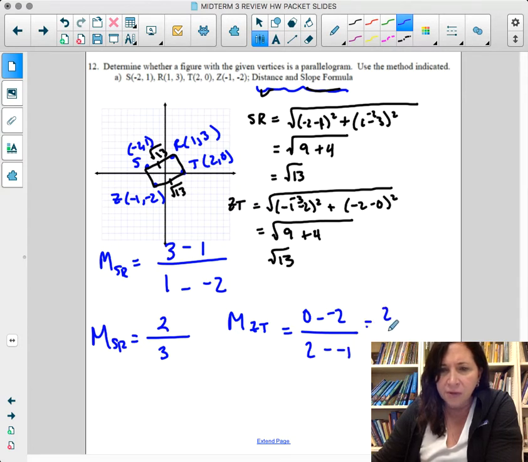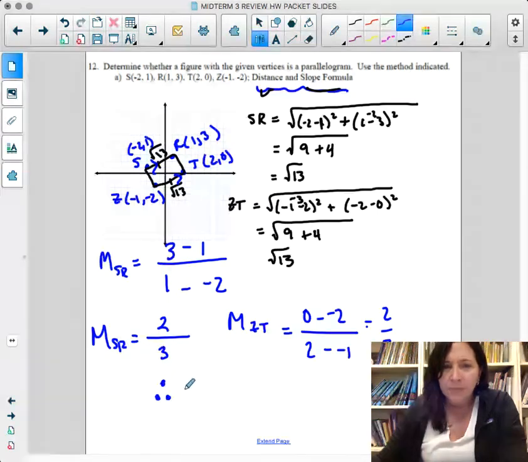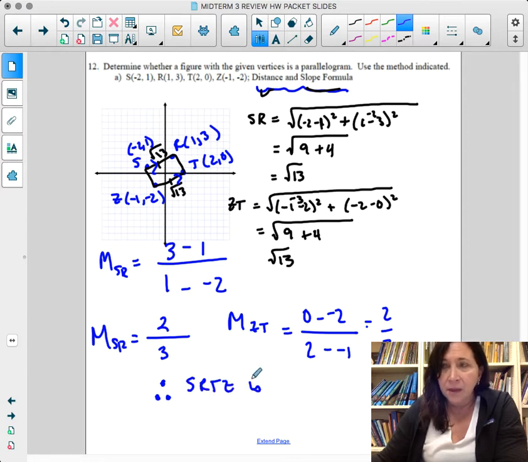And so that's going to be 2 over 3. So my slopes are the same. That means if one pair of opposite sides are both congruent and parallel, it is a parallelogram. So therefore, these three little dots mean therefore, SRTZ is a parallelogram.